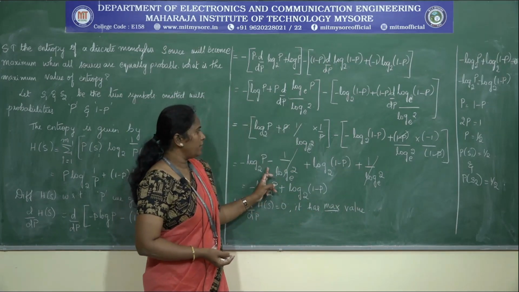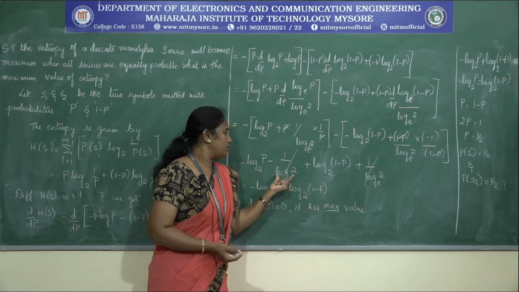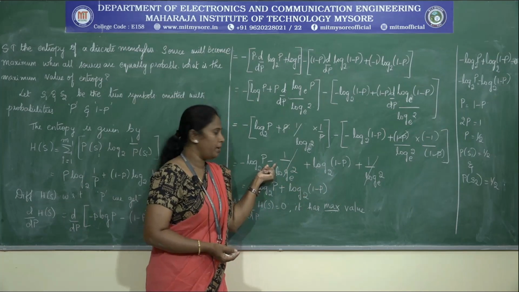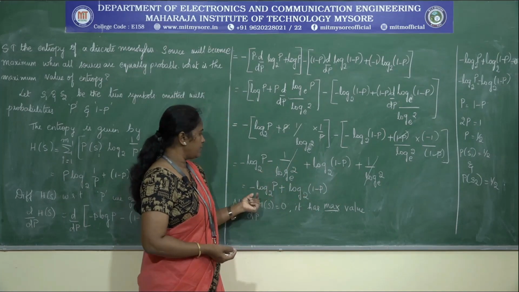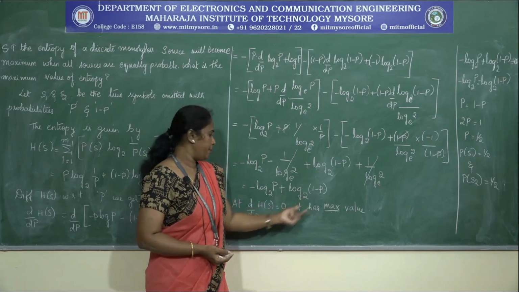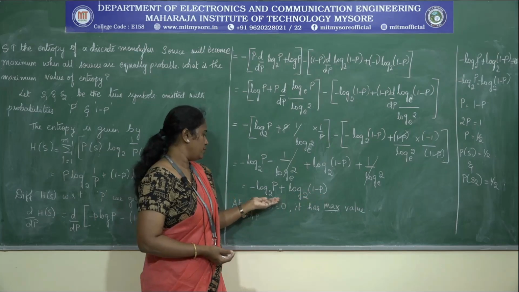Here we have plus 1 by log 2 and minus 1 by log 2, which cancel. Then we get the equation as log P plus log of 1 minus P, that is, in terms of P as well as 1 minus P.